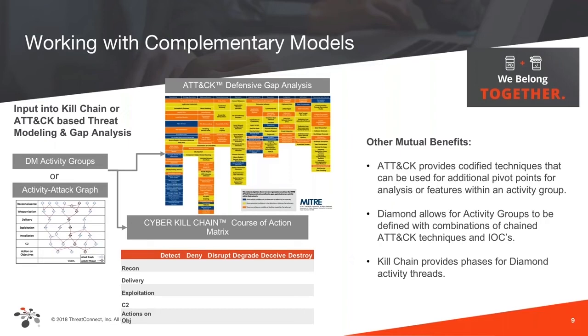And then similarly, I think the diamond complements ATT&CK by extending the things that you can pivot off of, or the things that you can characterize about an adversary, beyond just the techniques, which includes the IOCs and possibly attribution that can help you build out your holistic understanding of an adversary and what you might do to prevent or respond to attacks from it.